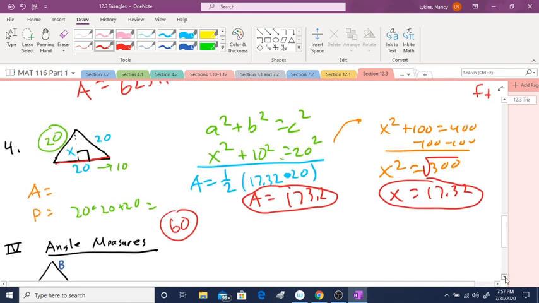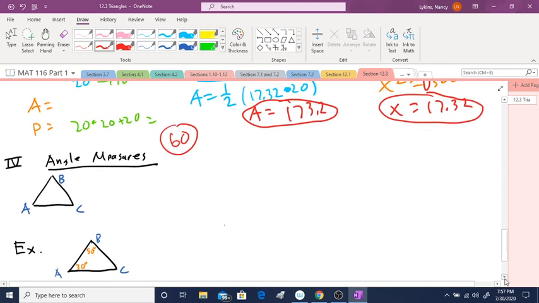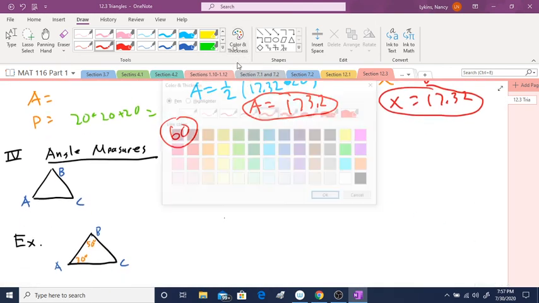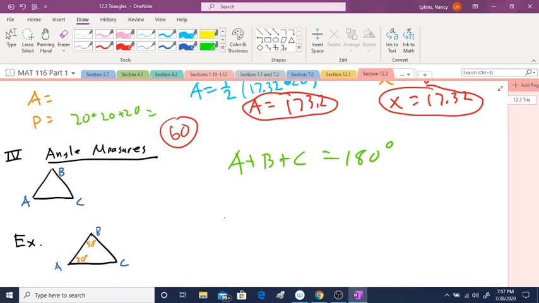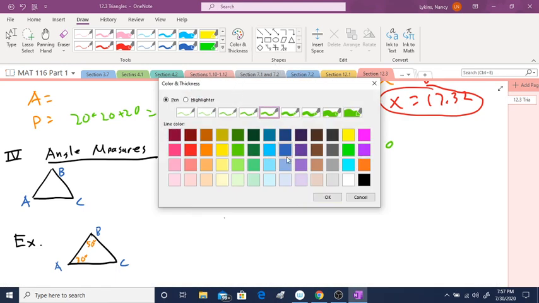Now, in conclusion, we'll talk about angle measures, okay? One thing with a triangle, that they always measure angle A plus B plus angle C gives you a total of 180. So if we know the angles, all you need to do is add them up and subtract it from 180.